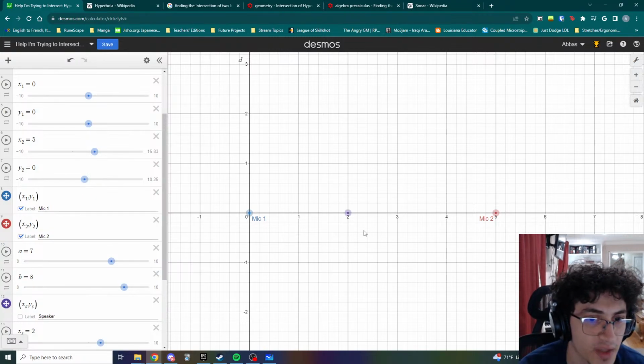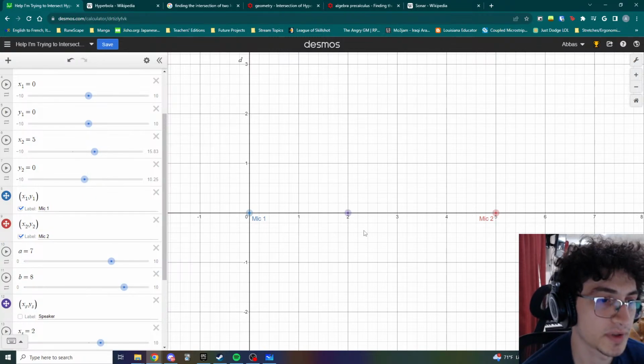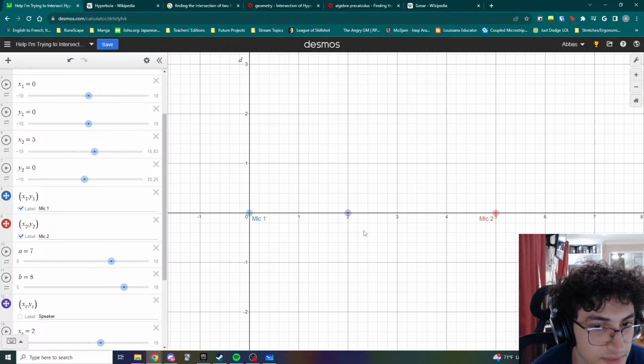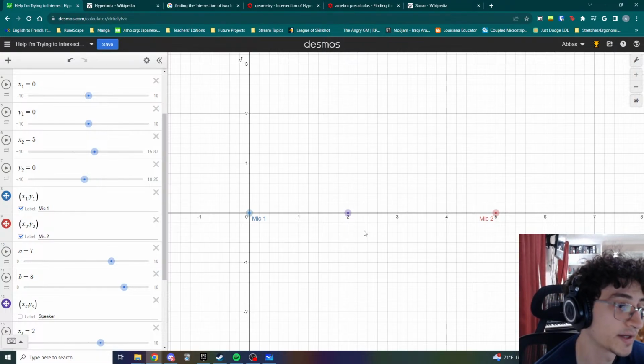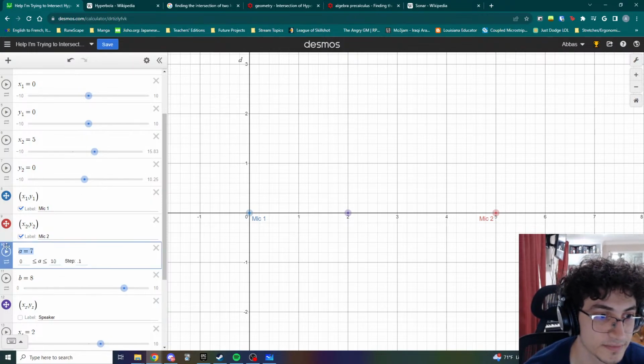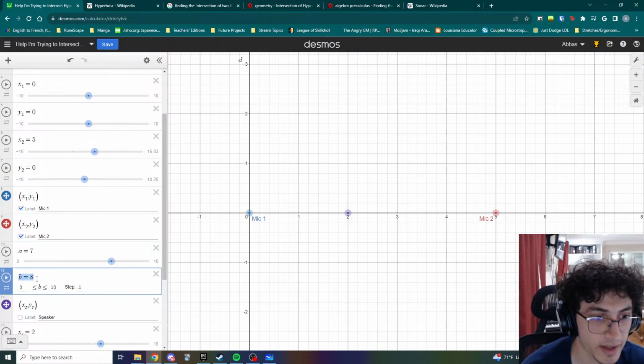All right? So the speaker is going to hit microphone 1 at sometime, say, 7. I don't know, again, I don't know when the speaker played. It hits microphone 1 at time 7. Then a second later, it's going to hit microphone 2 at time 8.